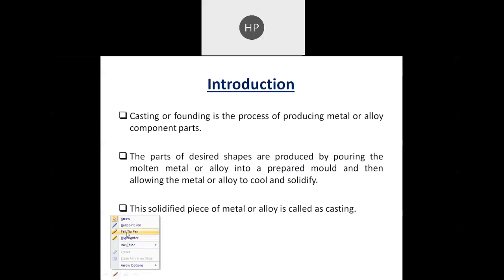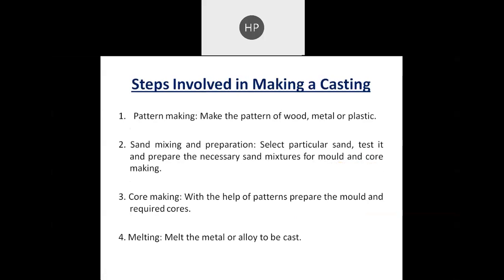It is a process for producing metal or alloy components. The parts are produced by pouring molten metal or alloy into a prepared mold, and then allowing it to cool. After cooling and solidifying, we have a product, and that product is termed a casting.